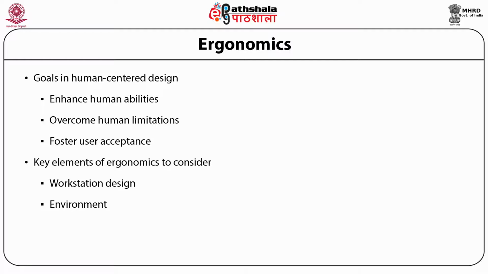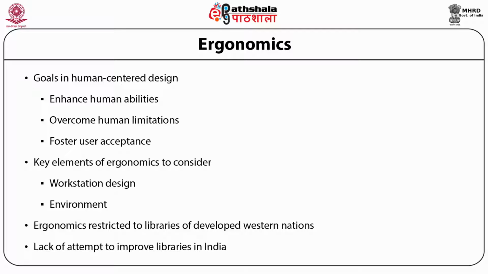The discussion of library ergonomics and modern design technologies has been largely restricted to libraries of developed Western nations. There has been almost no attempt to improve libraries in India, and the issue has been largely ignored in academic libraries. Shelf space is crucial in library collection planning.